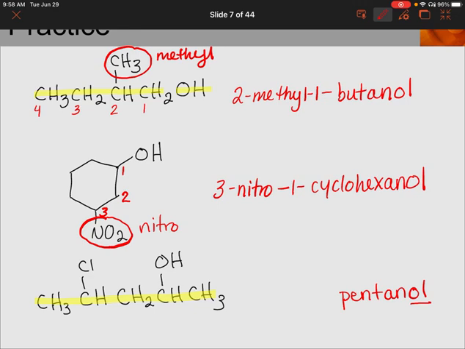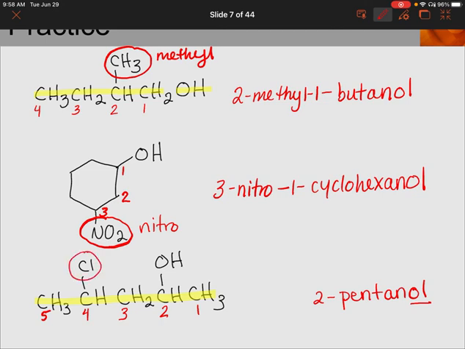So we want to make sure the alcohol has the lowest number possible, and then the chlorine will just kind of follow from there. So I'm going to number from right to left so that the alcohol group gets the lowest number possible. Okay, so the alcohol group is at position 2, so we'll add a 2 dash in front of pentanol.